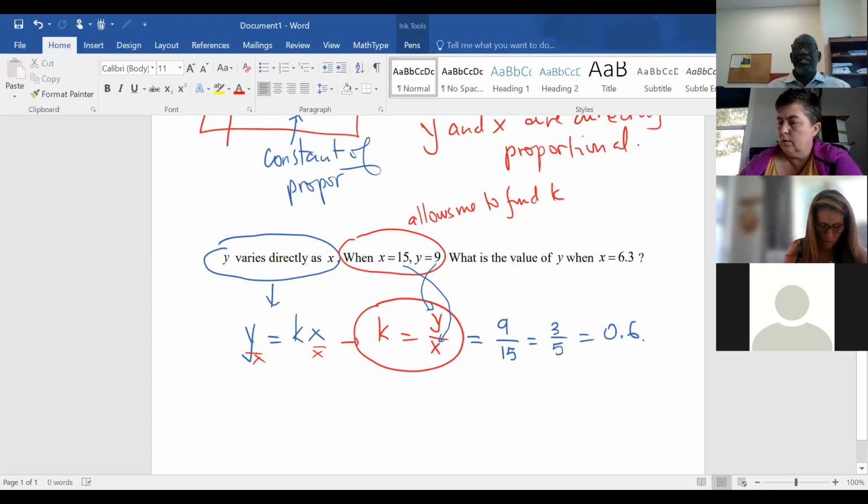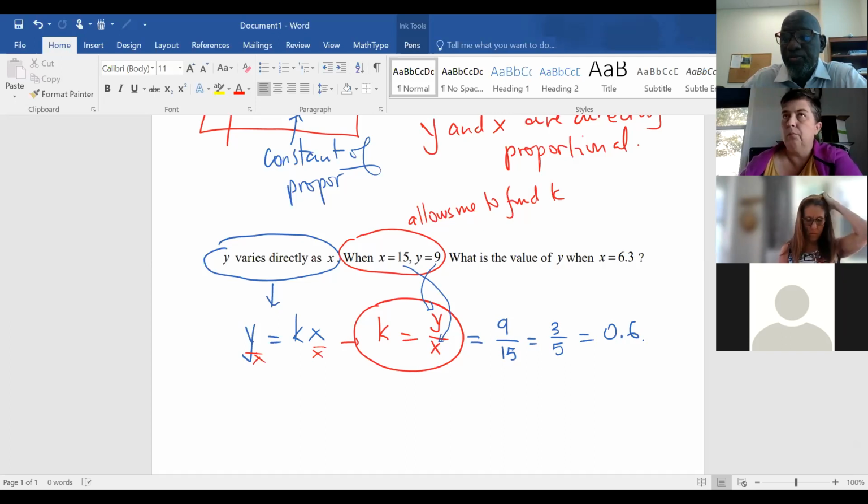So k is 0.6, all right? If I don't have a couple of data, it's going to be very hard for me to find k. I need a couple of data.